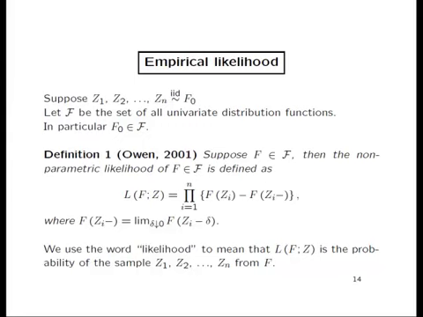This is just the atom, if you will, that focuses on Zi, because this is a distribution function rather than a density function. The reason it looks a little odd here is we're trying to deal with continuous distributions and discrete distributions. But this is just the direct likelihood of it. And its likelihood in this sense, that L is the probability of the sample from F.